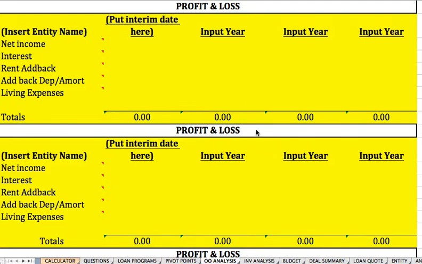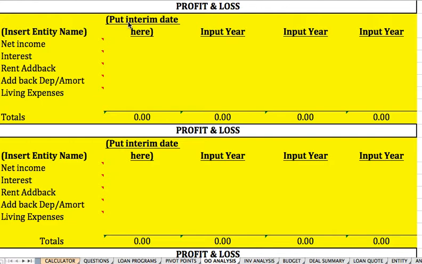Now, whenever you receive a client's profit and loss statement, you're going to look at it on an annualized basis, generally speaking. There are going to be times for the interim period, sometimes referred to as year to date, where you might get a certain period of time.